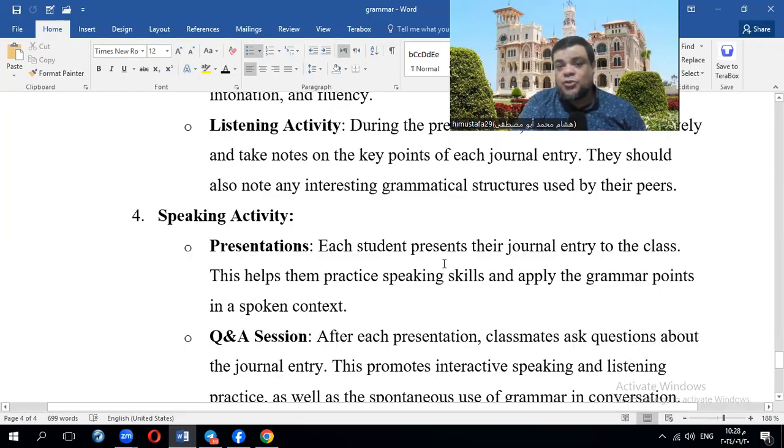Speaking activity: each student presents the journal entry to the class. This helps them practice speaking skills and apply grammar points in a spoken context. So here, after listening, they can give a presentation, they can use correct pronunciation, fluency, intonation, rhythm.